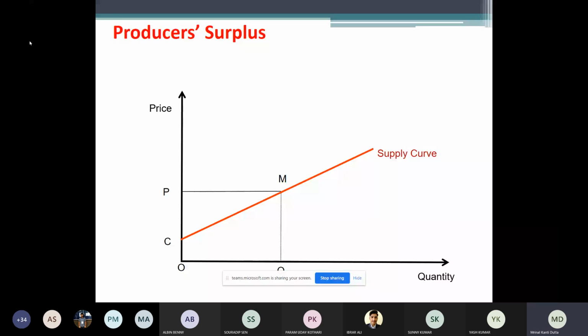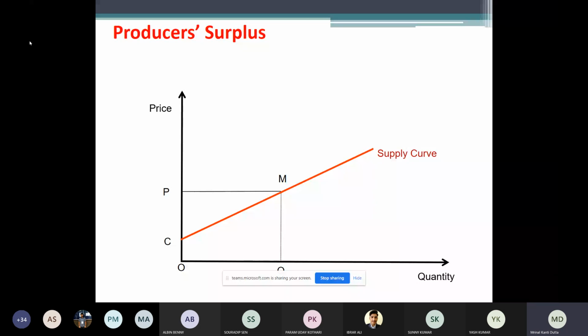But actually, he is prepared to accept a revenue of OCMQ because his price is defined by his selling curve or supply curve. But this is not entirely the rectangle OPMQ, rather it's a portion of that rectangle only.